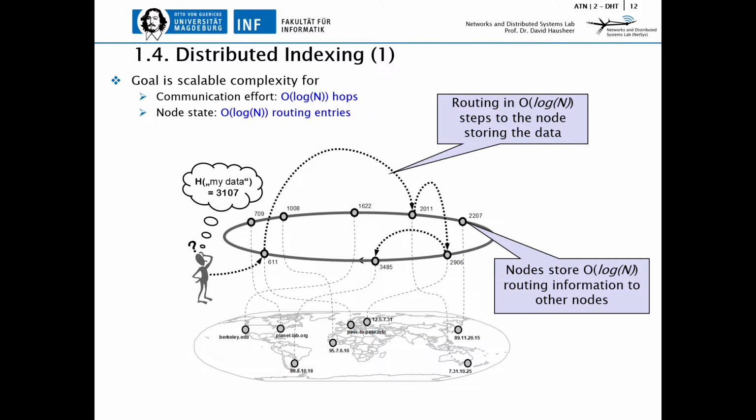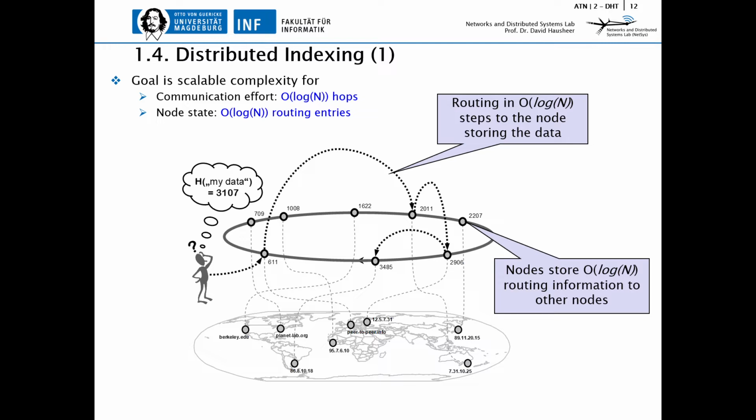If we have a requester that is interested in particular data, then this data is typically mapped with a hash function to a specific ID, as we will see later on, and then a number of routing hops are required, as mentioned, typically O of log n hops, until the actual node that is storing the data is reached.